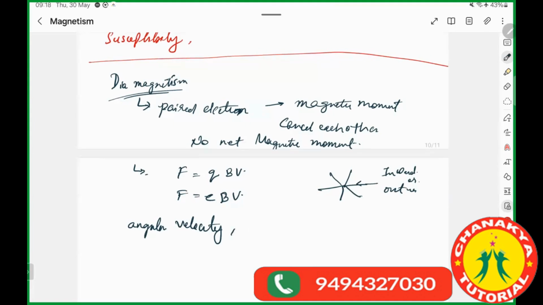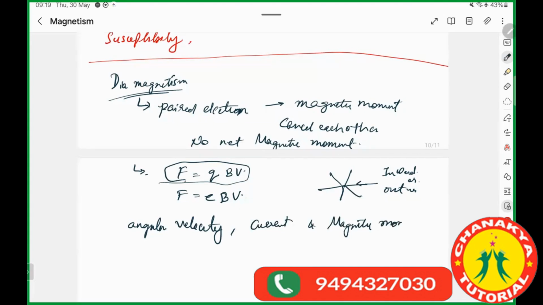What else is changing? Current also, because I equals q by t. The force depends on all these quantities, so obviously angular velocity will change, then current also.